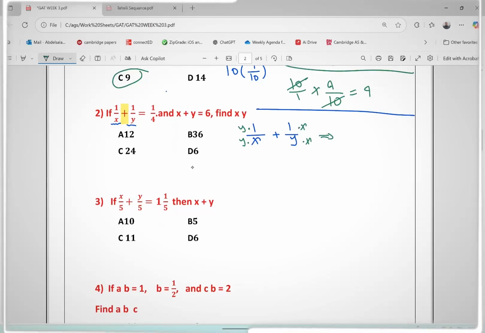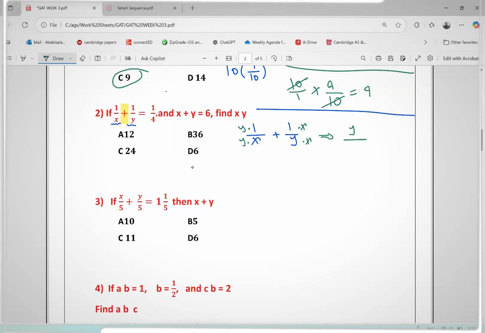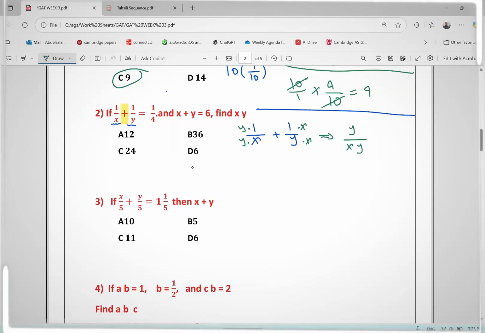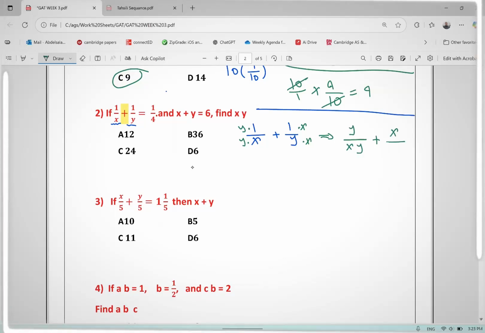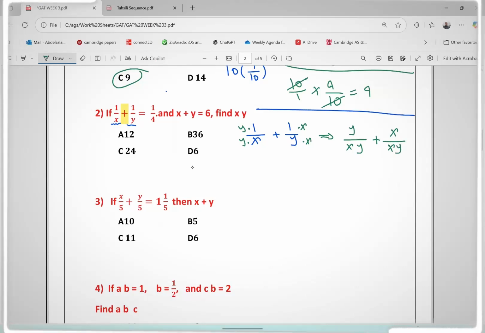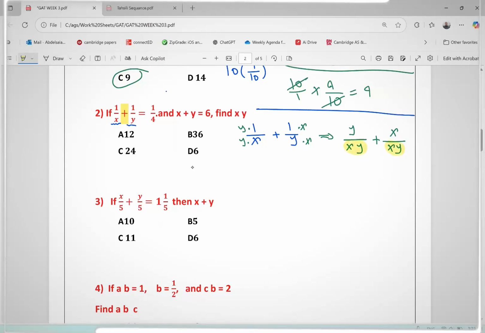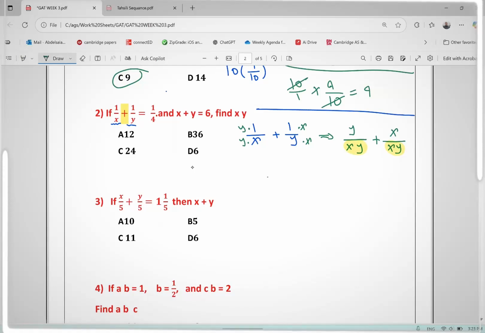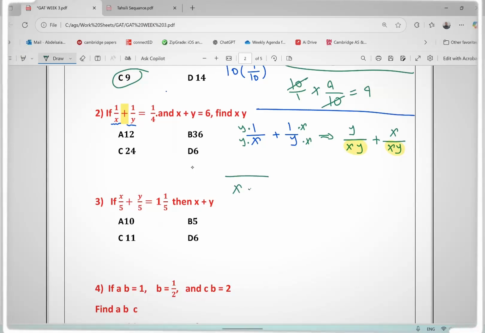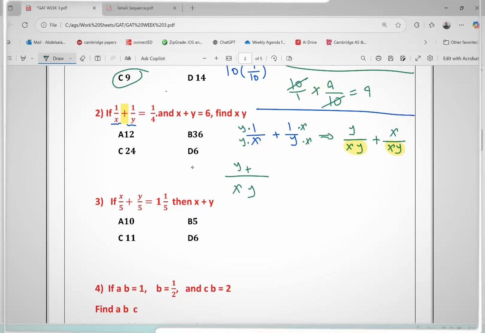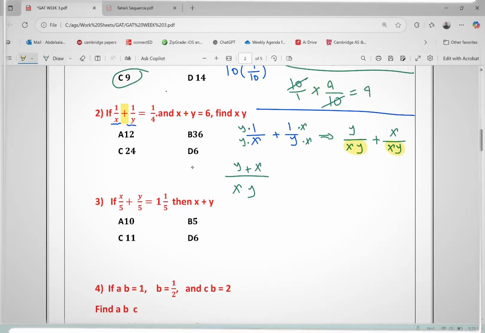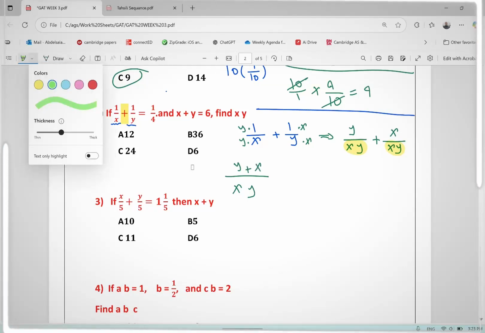So the two fractions will be y over xy, because x times y is xy, plus x over xy. I told you, once you have the same denominator, keep the same denominator. Do not change it, please. So it will be xy here, and we have y plus x. Y plus x. Can you check here in the given information?